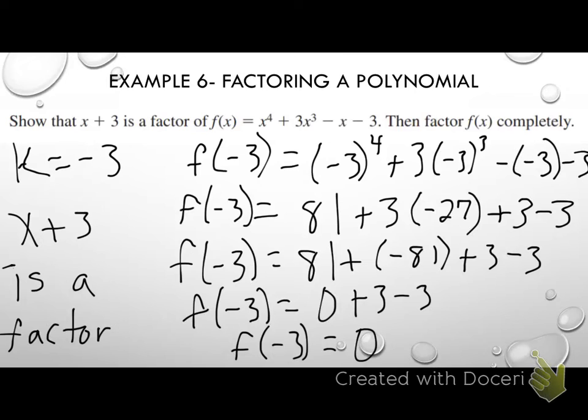How do you think I could factor this completely? There are a couple of ways you could go about this. Anyone have any ideas how I should factor this? Can I erase all my work over here to the right?